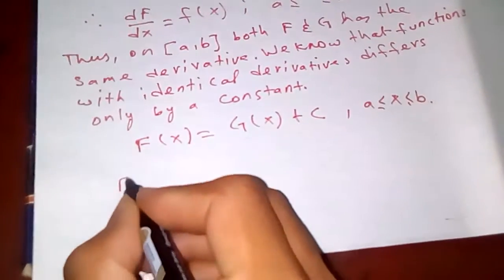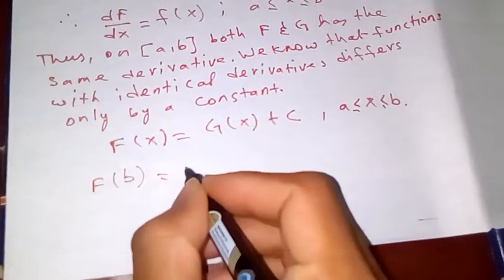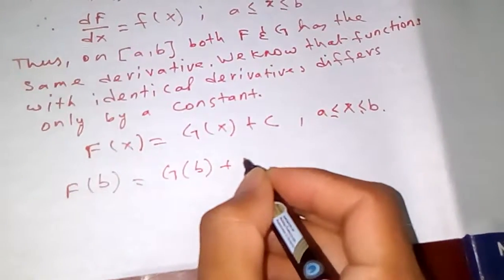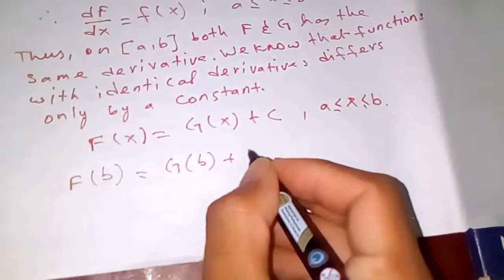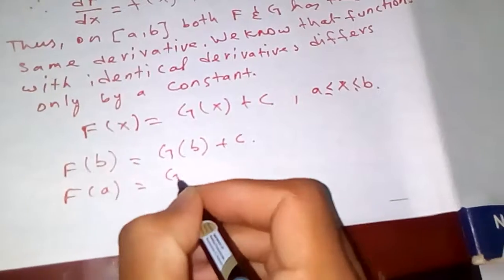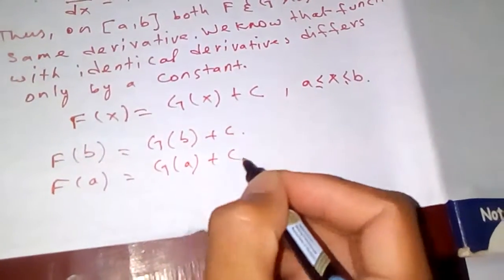Now we are going to apply this on the right hand side. So F of b is equal to g of b plus some constant, and F of a is g of a plus some constant.